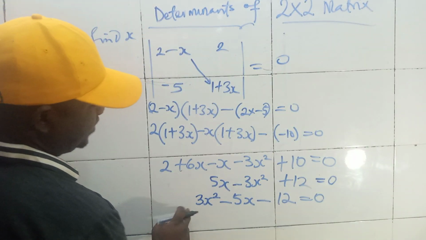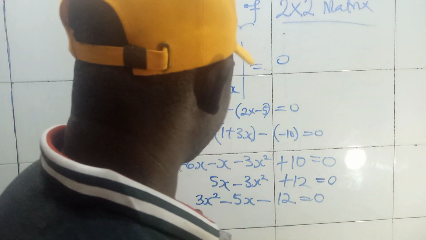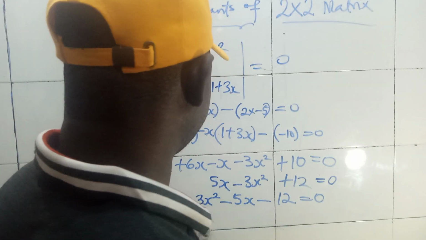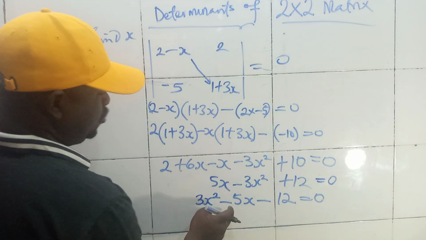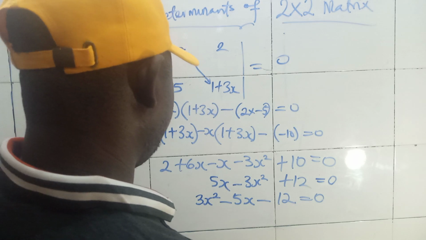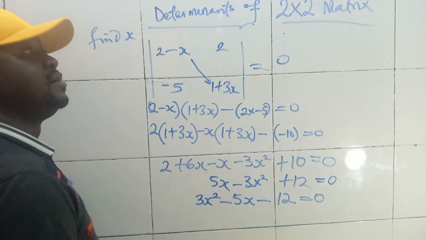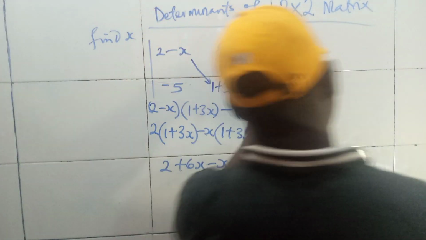So let's now factorize. This is now what? A quadratic expression. So let's factorize. Think of a number when multiplied, it will give you 36. Then when added, it will give you minus 5. That should be, when multiplied, it will give us 36. What about 9 times 4? Yes, 9 times 4 is good.